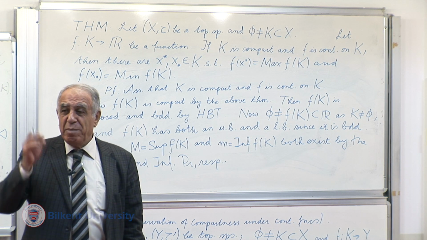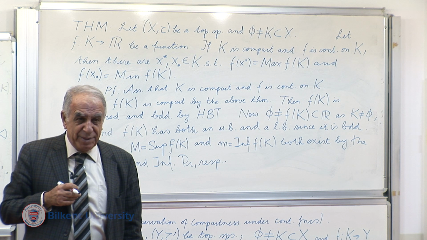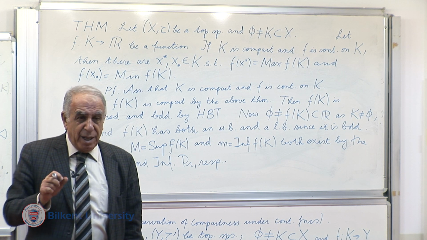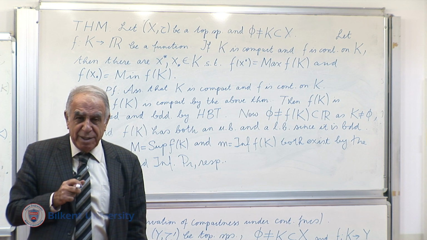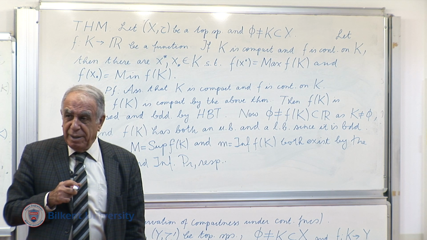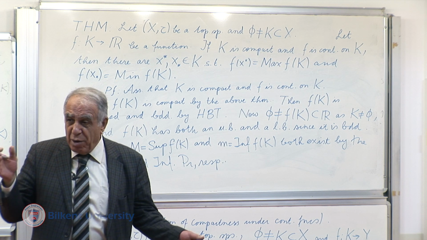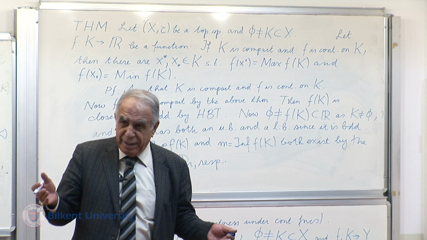But now let's go back to our very first proposition. When is an upper bound of a non-empty subset of reals equal to the supremum of that? If every epsilon ball about it has a non-empty intersection with the set.